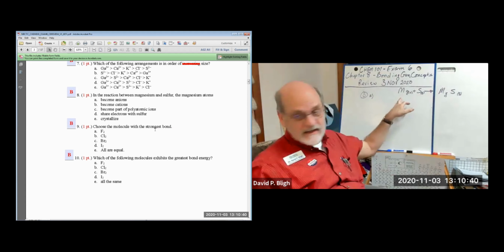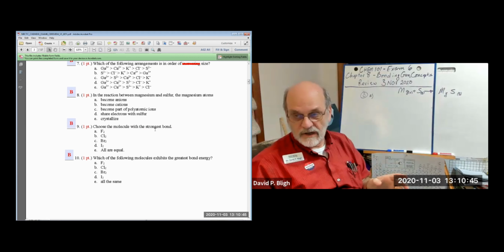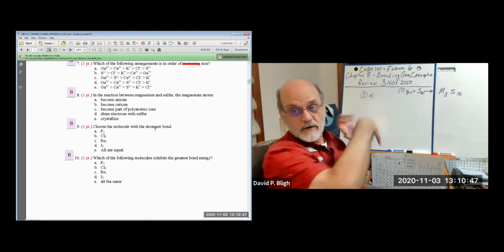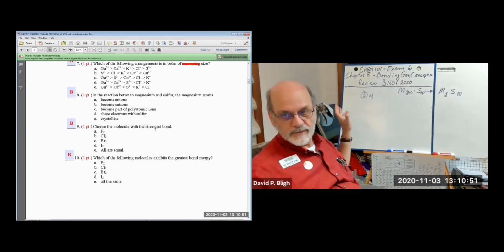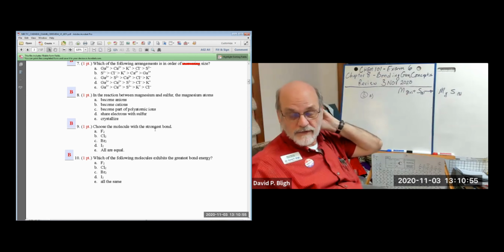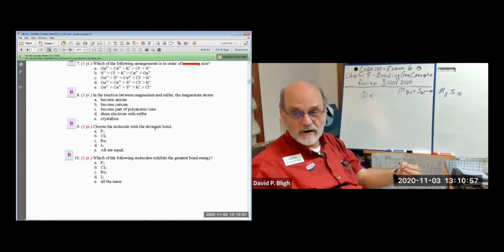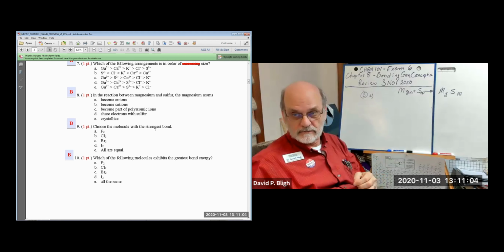Well, first of all, magnesium's a metal, sulfur's a nonmetal, which automatically means ionic bonding, especially since they're very far apart. Magnesium on the far left side of the periodic table, sulfur on the far right side. So you know that their electronegativities are far enough apart that they're going to form ionic bonds. So that implies transfer of electrons.